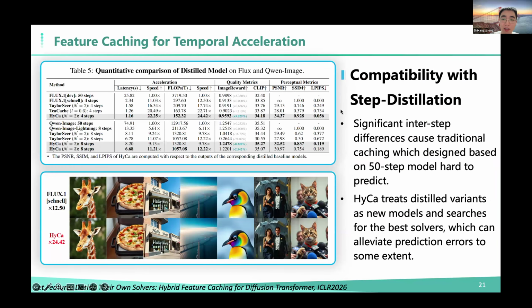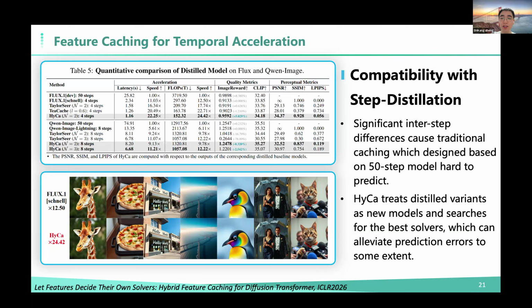One interesting part is that normally, when we are talking about feature caching, it is pretty hard for feature caching to adapt with distillation because they are both temporal accelerations. They both reduce the actually computed steps. For example, if you distill a 15-step model into a 4-step or 8-step model, it is pretty hard for feature caching methods to predict the features because the distillation makes the inter-step differences significantly large, and this causes traditional caching to fail.